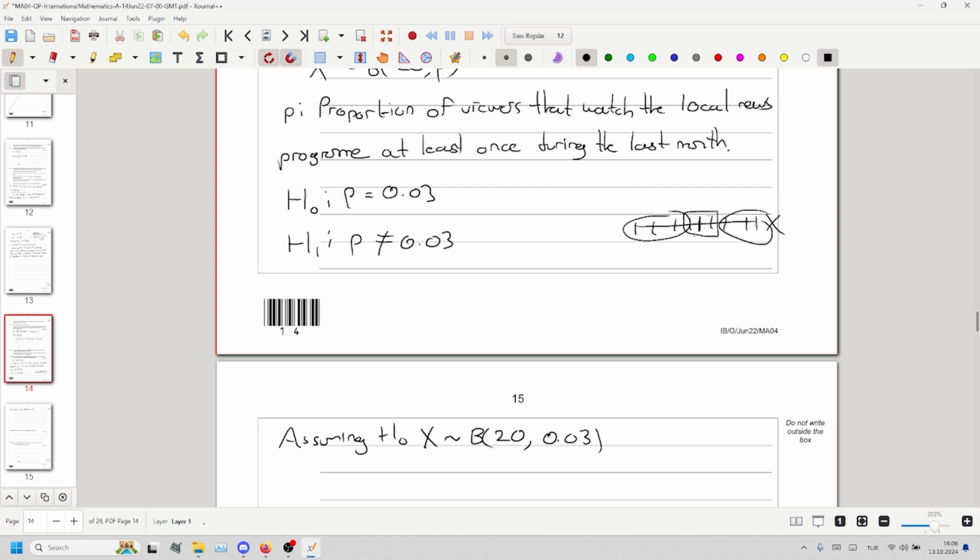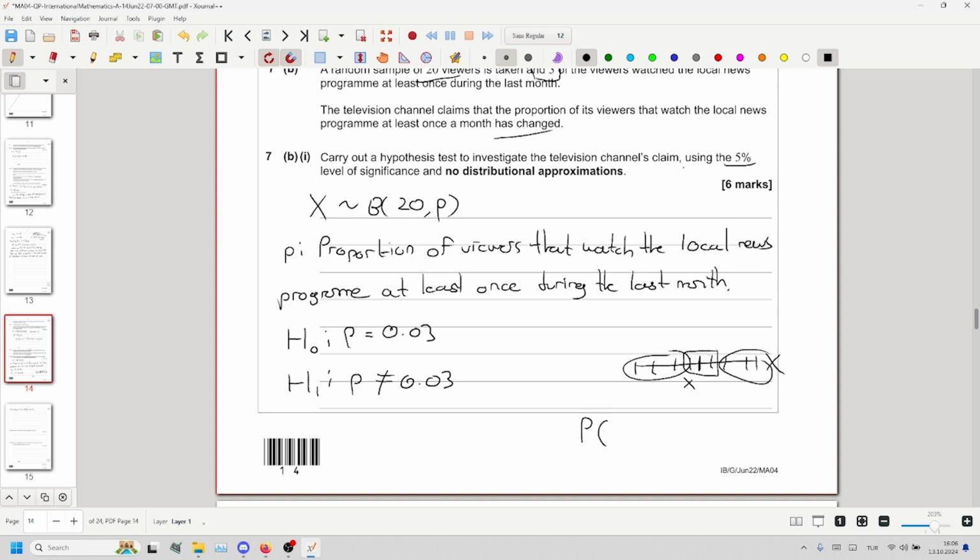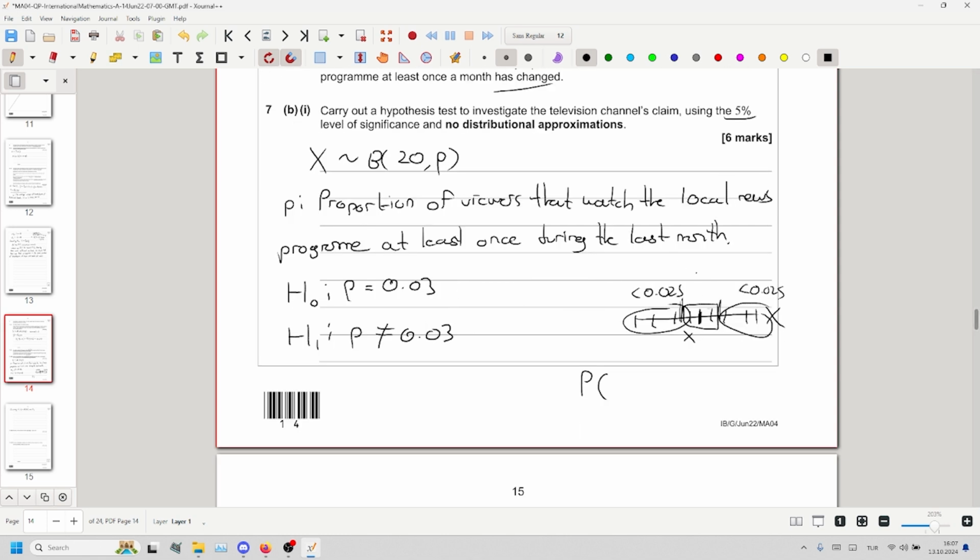So for a given test value X, you need to find the probability that, okay, all right, so hold on. We need to do a 5% level of significance. So the sum of the values in this region has to be less than 0.025, and in this one too. So we need to state the condition for when our test value is in the critical region and when it's in the acceptance region.